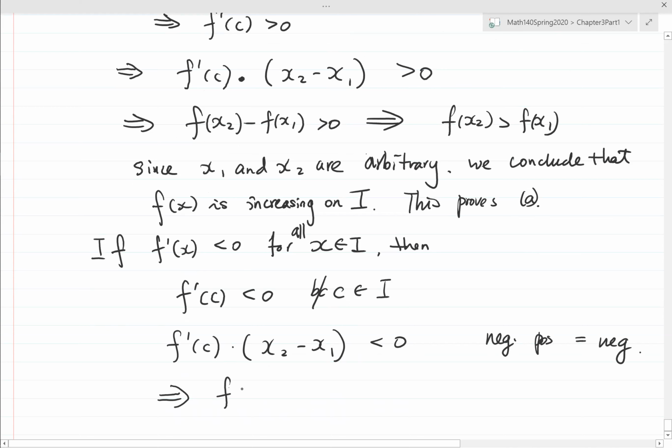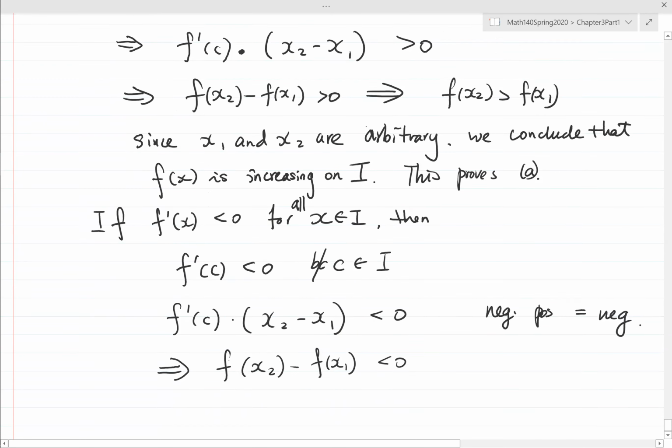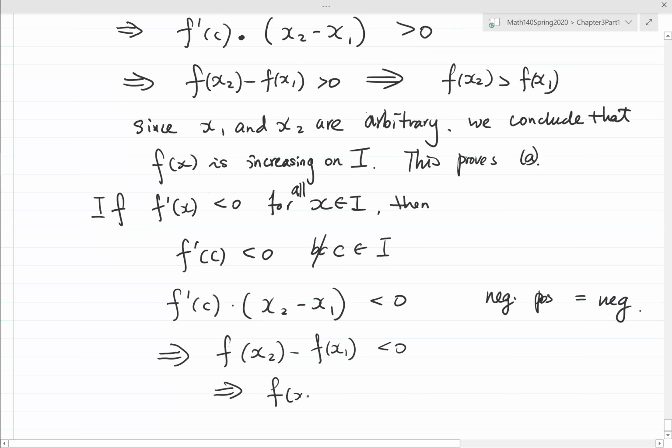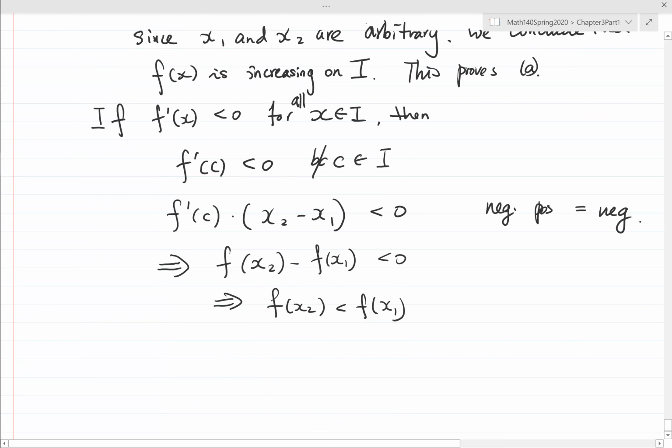So this implies f(x2) minus f(x1) is less than 0, so f(x2) is less than f(x1), i.e., bigger input gives smaller output. So f(x) is decreasing on I, because x1, x2 are arbitrary.